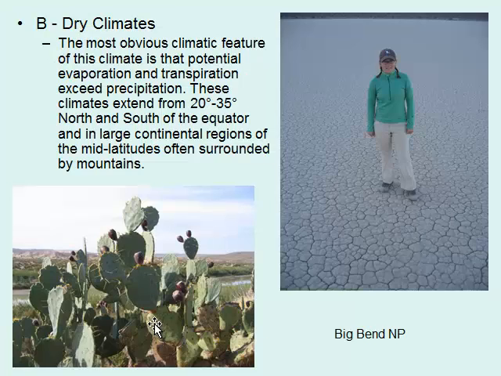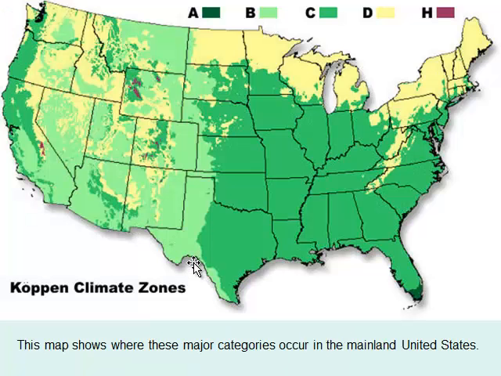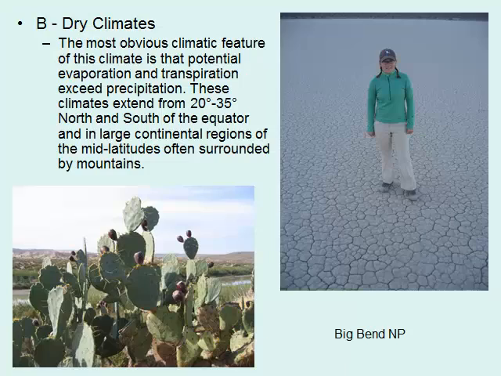These are both from Big Bend National Park, which is located about here in the little tip of Texas. So this climate feature is really dry. The potential for evaporation far exceeds the potential for precipitation. So we have way more evaporation happening in these areas than we do precip.